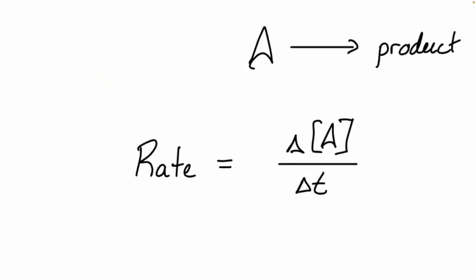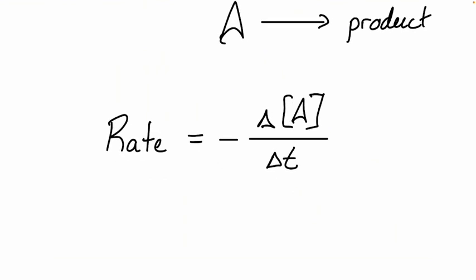But since it's a reactant, I got to multiply that by -1. Remember, in fancy calculus speak, we don't do rise over run, we talk about derivatives. So negative d concentration of A over dt, that's my rate.